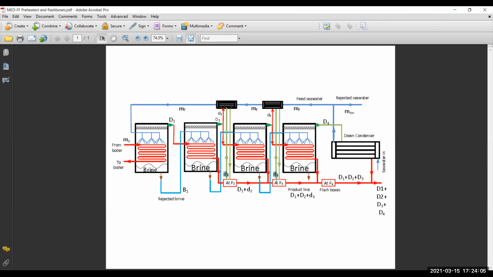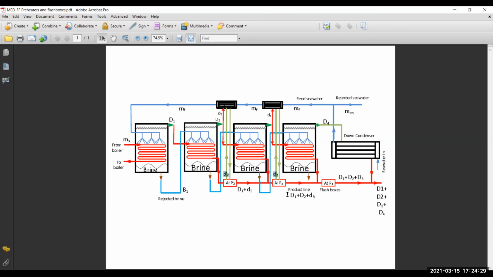However, part of it is going to leave, which is D-3. It will go up where it will condense in the preheater, and then it will come back again. So it's a flow out and in, the same flow rate, so it did not change. But the small D3 that has entered here is going to condense and join it.